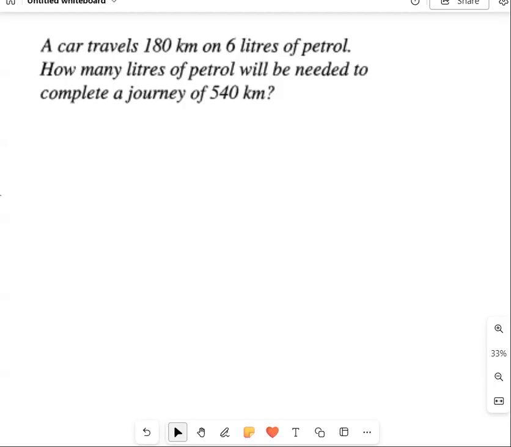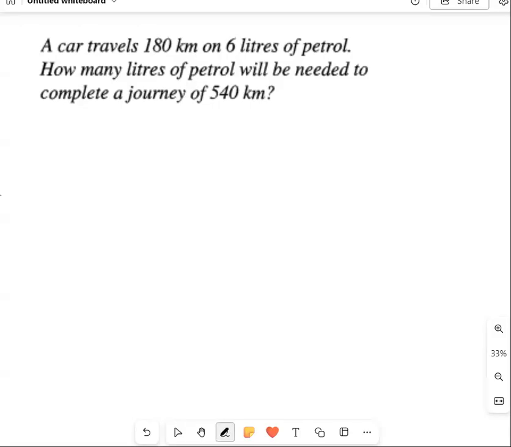So our assumption here is that the amount of petrol used is directly proportional to the distance, the number of km that the car travels. That's our assumption, right?